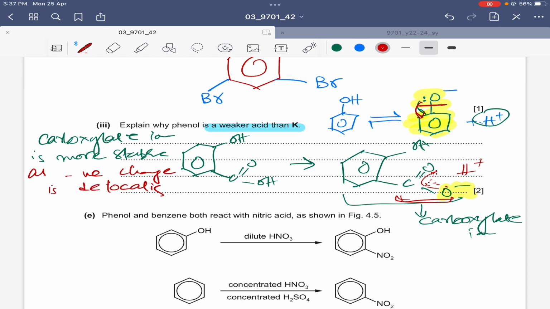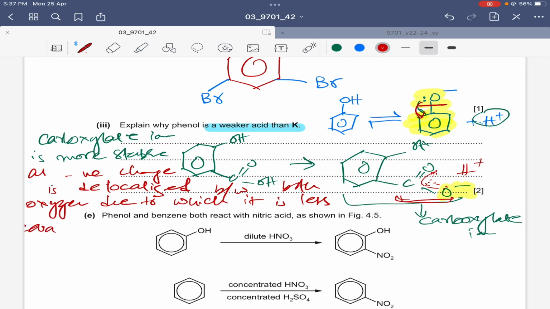So carboxylate is more stable as the negative charge is delocalized between both oxygens, due to which it is less available for protonation or backward reaction.